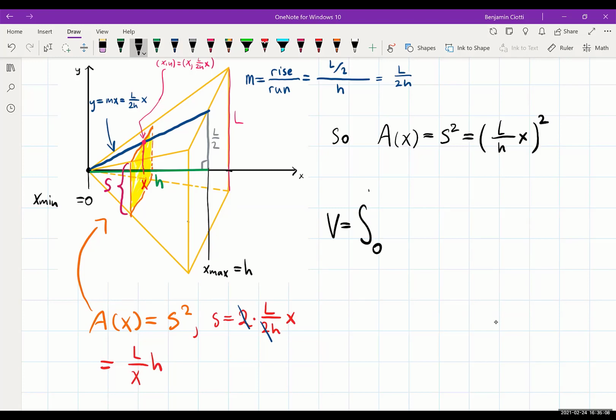Our volume will be the integral from 0 to h of L over h times x, quantity squared, dx. And from here on out, it's just automatic.